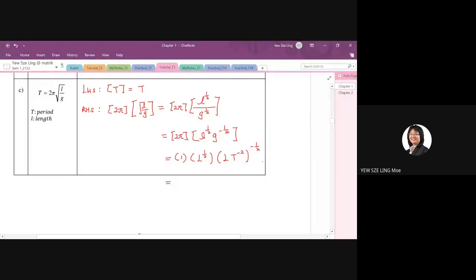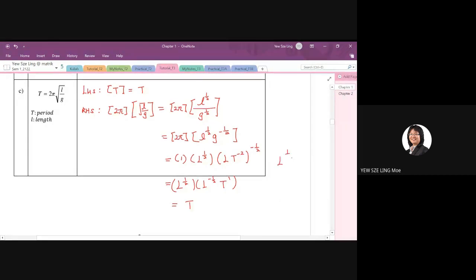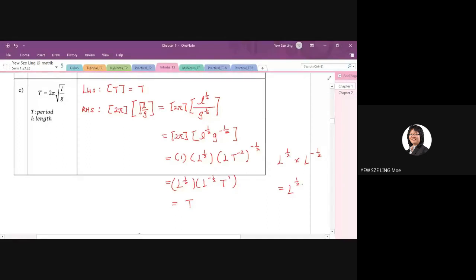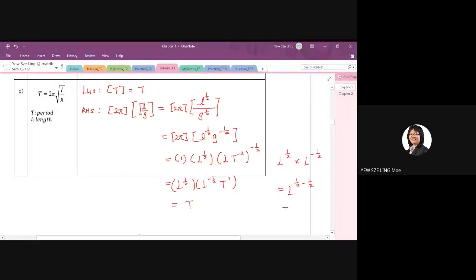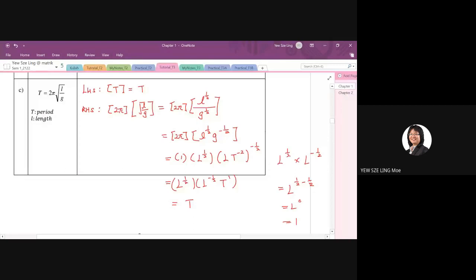So it is equals to L to the 1 over 2, and then times L to the negative 1 over 2, and T becomes T to the 1, which is then equals to T. Because L half times L negative half, it is equals to L to the 1 over 2 minus 1 over 2, L to the 0, which is then equals to 1.